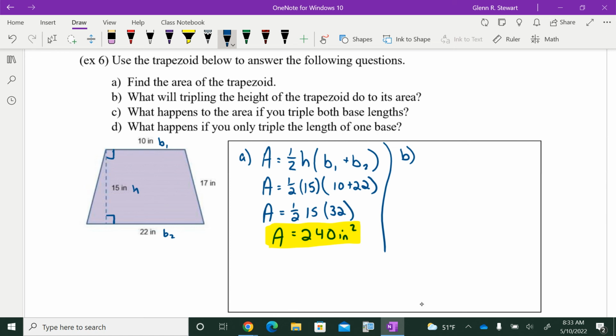So now we want to look at what if the height was 45? So let's go ahead and plug that into our equation. Our Marvel what if. And then we know 10 plus 22 is 32 already. I'll write that step anyway, just so you guys have it.